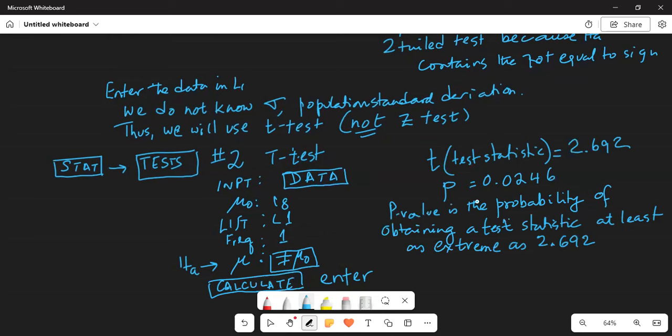Okay. So that's the probability of getting a test statistic at least, meaning the lowest value is 2.692, it can be higher, at least as extreme as 2.692.